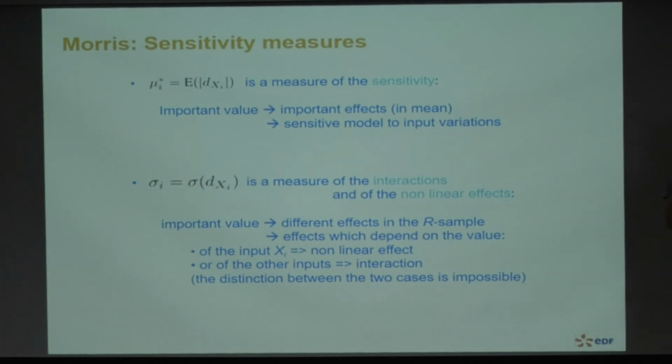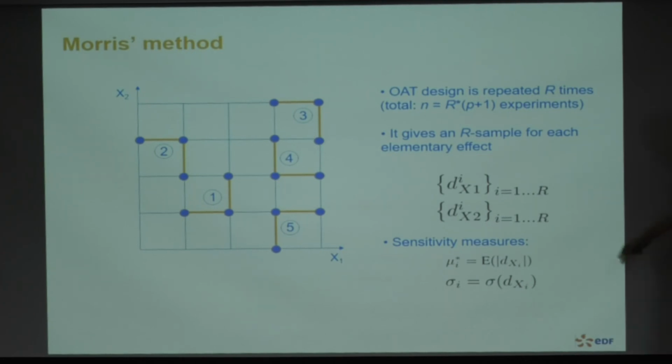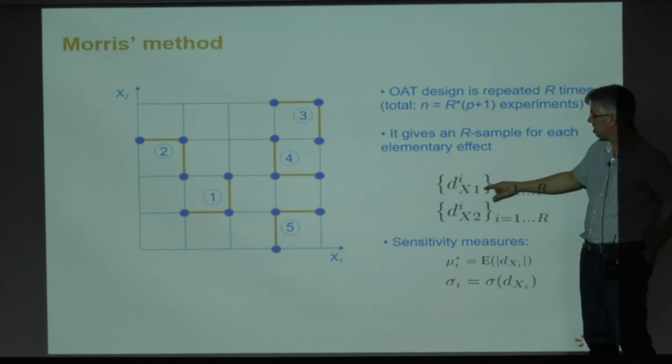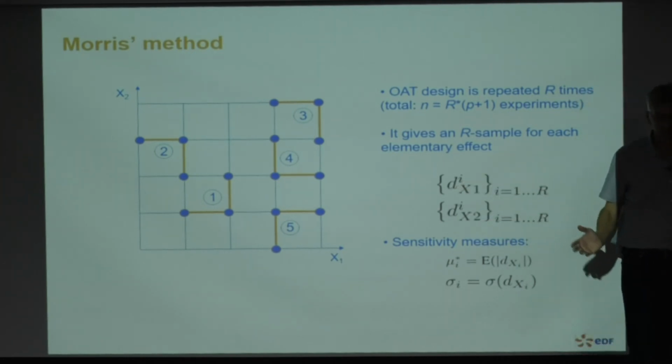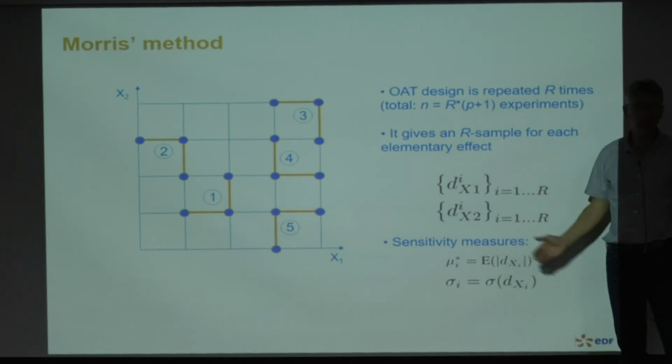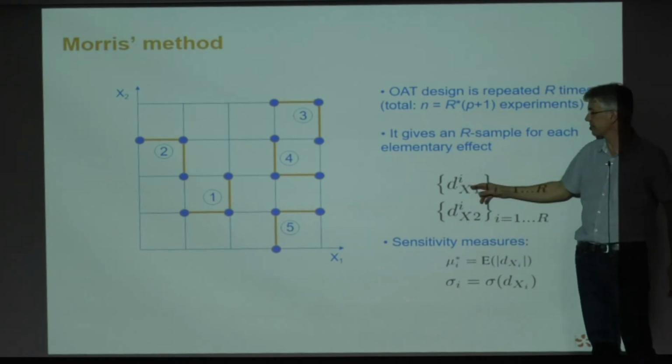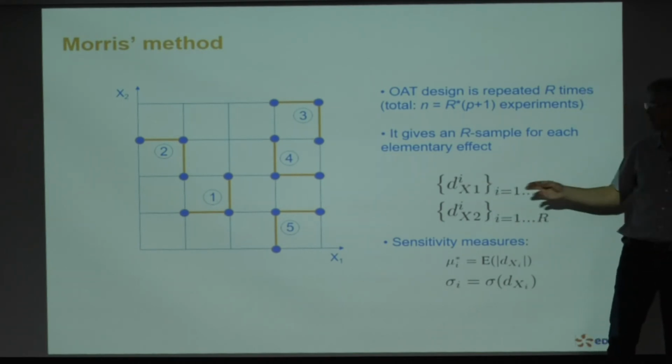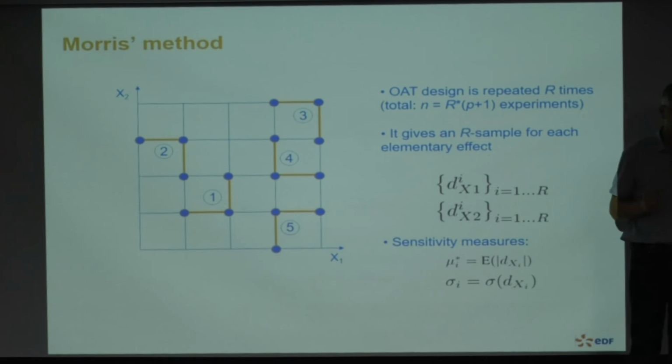Okay, so why? It's very simple. Because if all the elementary effects are the same, the standard deviation is 0. And all elementary effects being the same means that these kinds of derivatives are constant.